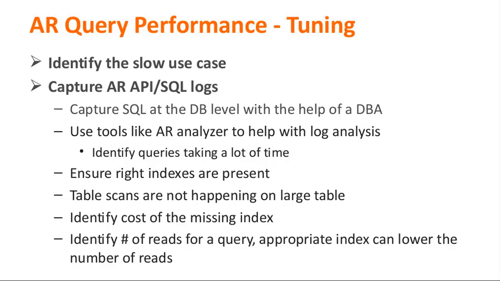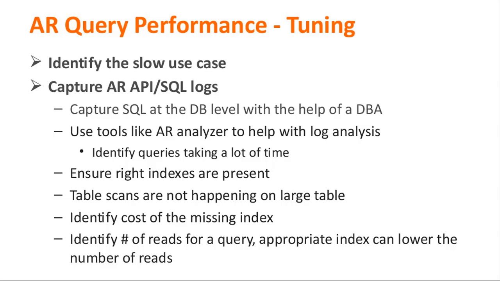Once you identify the long-running queries, you can take the query with the help of your DBA, try and run it at the database directly, and identify the cost of the missing index. If this query is doing a table scan, what is the cost of the missing index?